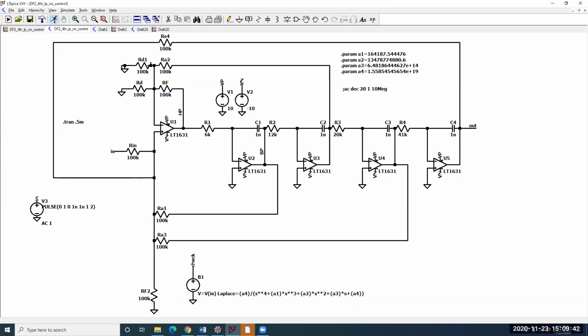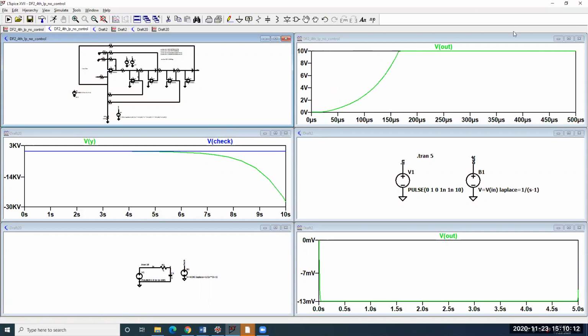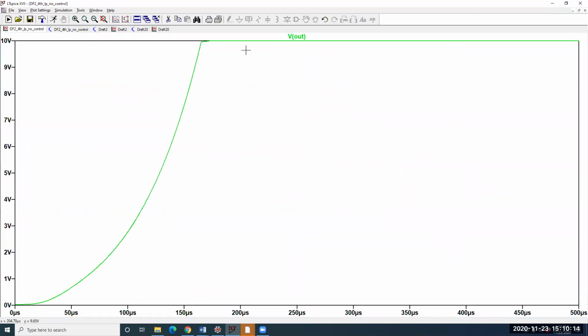What would happen? It takes a bit to simulate. And what we'll see eventually is that there'll be some kind of exponential increase. And then it hits the upper power supply rail. Okay.